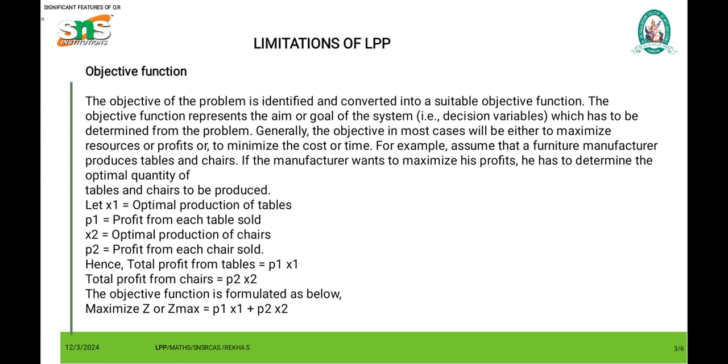X1 is the optimal production of tables and P1 is the profit from each table. X2 is the optimal production of chairs and P2 is the profit from each chair sold. So we can write P1 X1 and P2 X2. The objective function is: maximize Z equal to P1 X1 plus P2 X2.